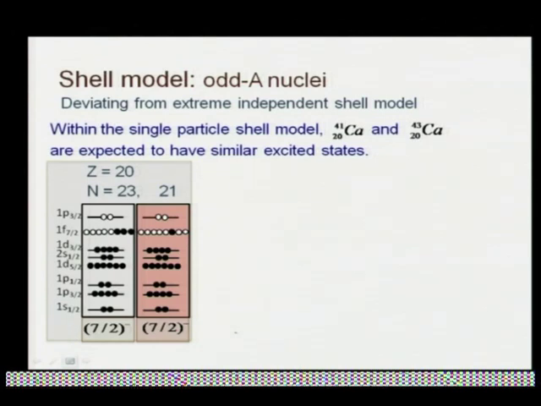Looking at the proton distribution in the shell model, 20 is a magic number. We know that from experiment, and our model can also predict it. Corresponding to this 20 there is a closed shell, and the protons are completely filled in that closed shell, so we do not expect them to actively participate in any interactions or give rise to any particular property of the nucleus.